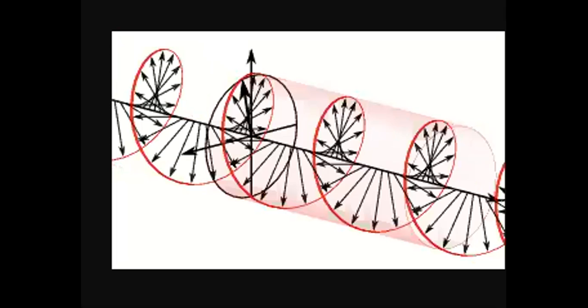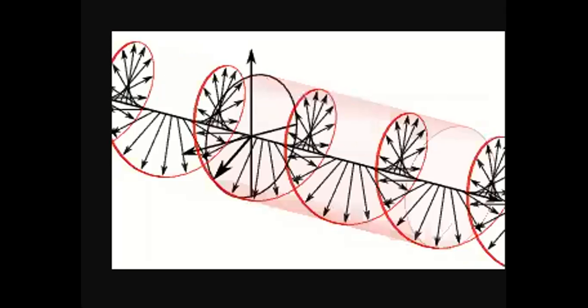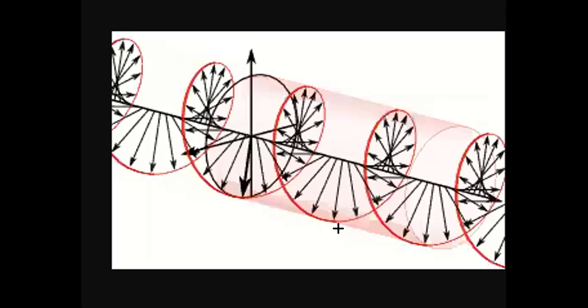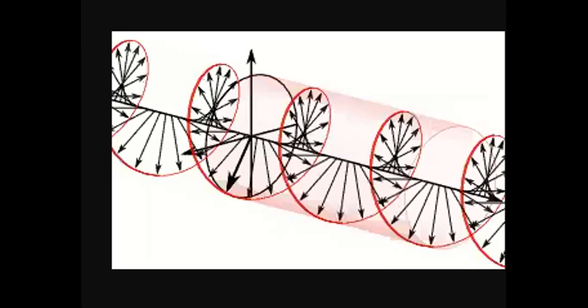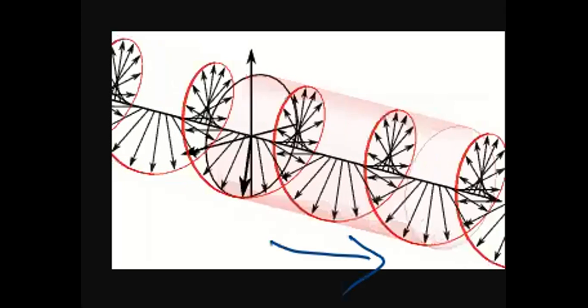This is circular polarization. Now somebody tell me in which direction the wave is going. The wave is going in this direction. Then use your right hand rule: whether it follows the right-hand coordinate system or not, that's my question.